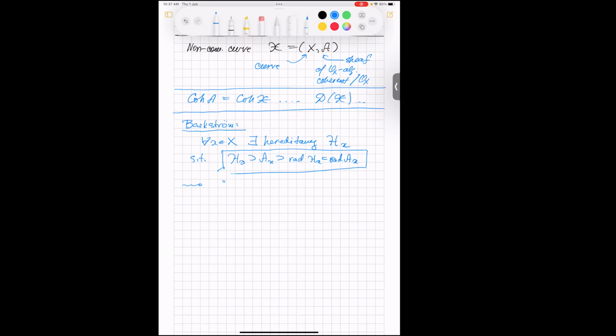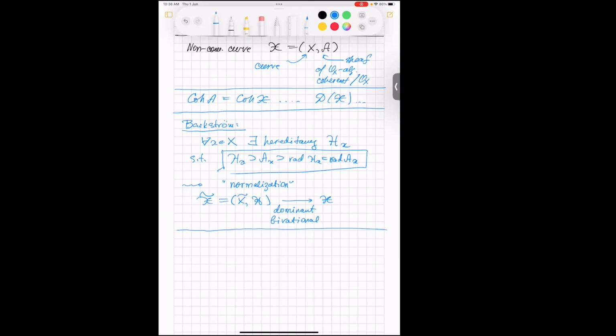It gives us, in some sense, a normalization, which is X tilde, given by X and H. And we have a birational dominant map, just as an analog of normalization.